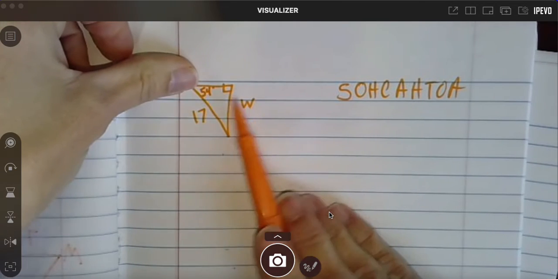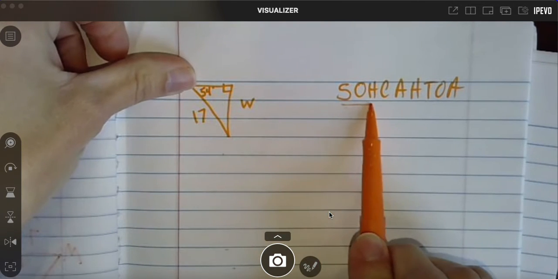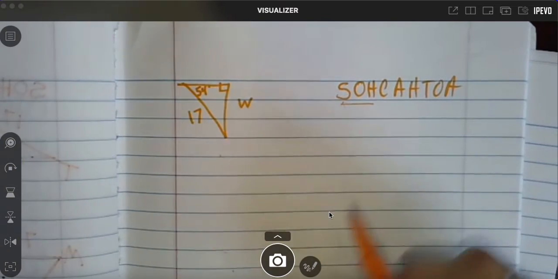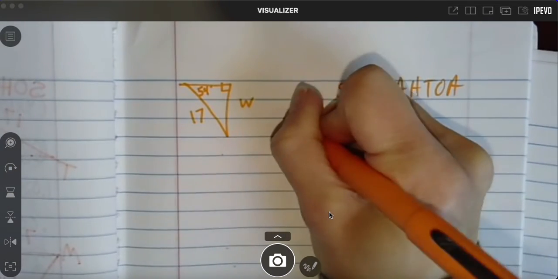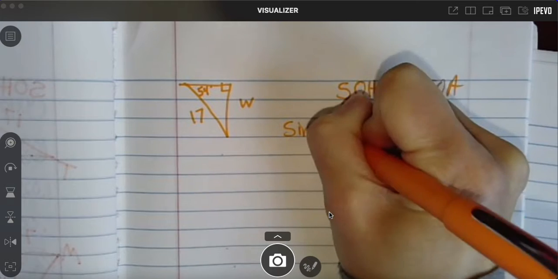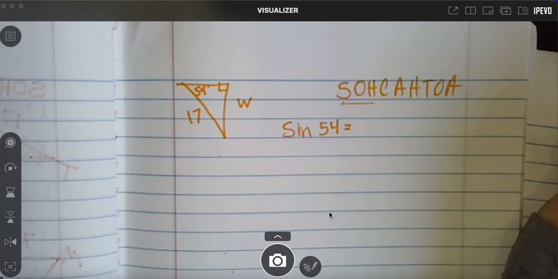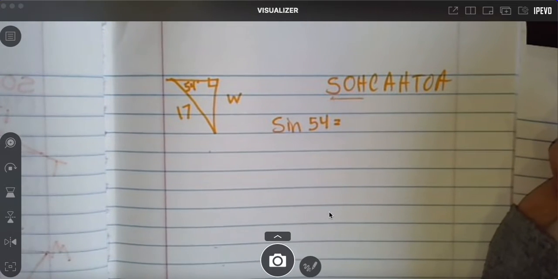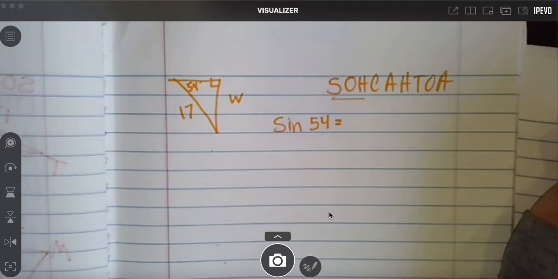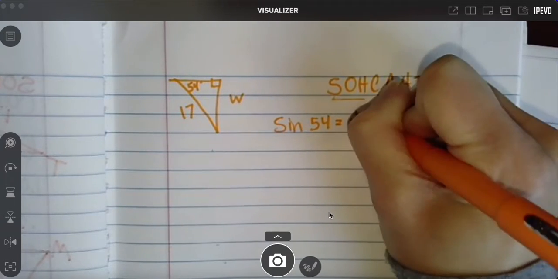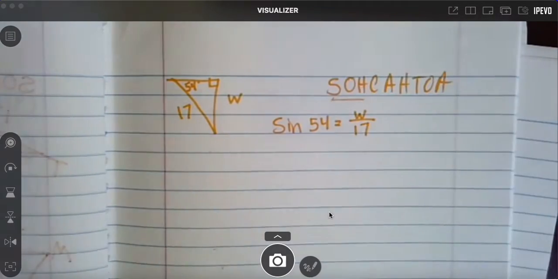So you have to figure out which one am I going to use. Well, it gave me opposite over hypotenuse. That's sine. So I'm going to write that. The sine of 54, because they gave me my angle, right? I'm not calling it a letter. They gave me the angle, so I'm plugging that in. Equals, what is my opposite, y'all? W over, what's my hypotenuse? 17.